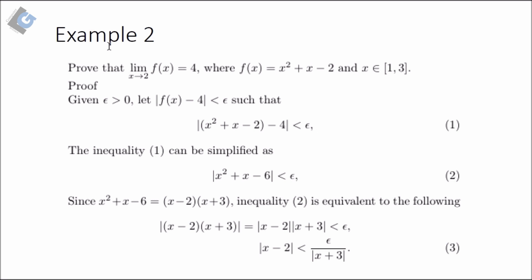Since the quadratic x squared plus x minus 6 can be factored as x minus 2 multiplied by x plus 3, inequality 2 is equivalent to the following, where the left-hand side can be represented by the two factors: the absolute value of x minus 2 multiplied by x plus 3 equals the absolute value of x minus 2 multiplied by the absolute value of x plus 3, less than epsilon.